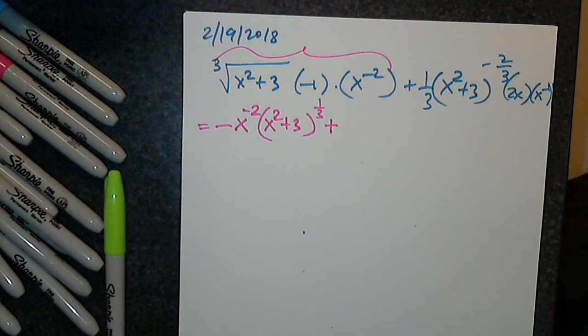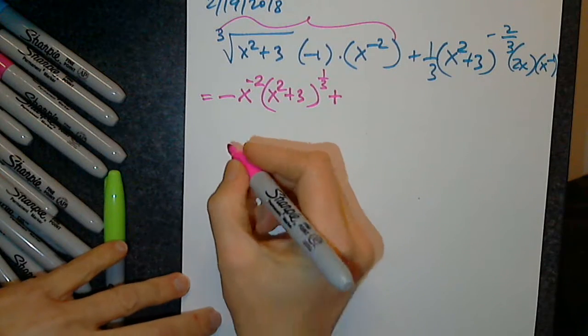When I multiply x by x to -1, what do I get? Please write it down: x times x to -1. We copy the base. What happens with the exponents? 1 minus -1.